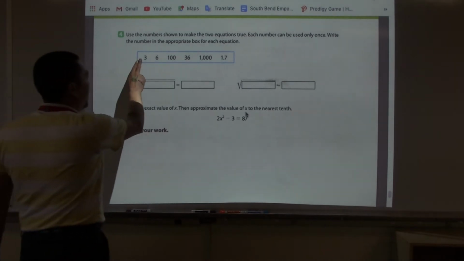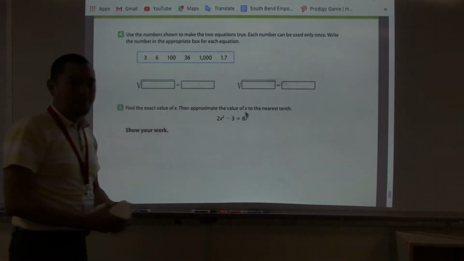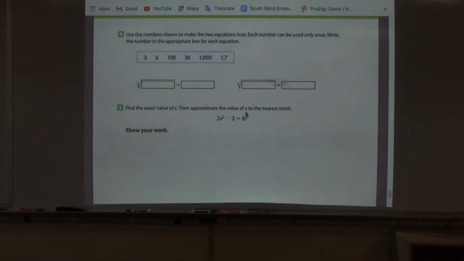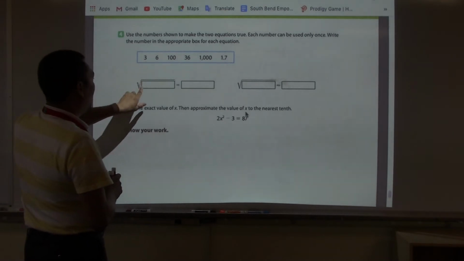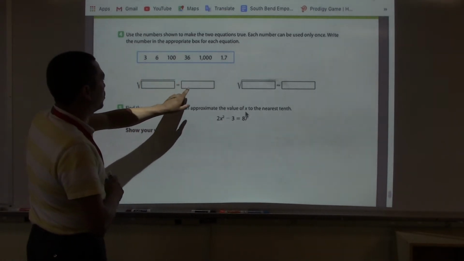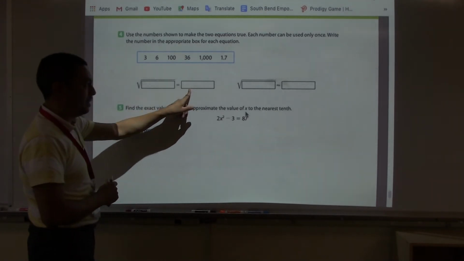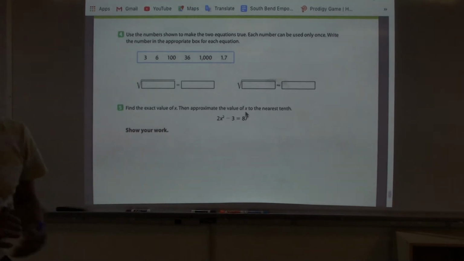So you have 3, 6, 136, 1000, 1.7. So what we're going to do, I have the square root of something equals something, and the square root of something equals something. So, which numbers do I have?